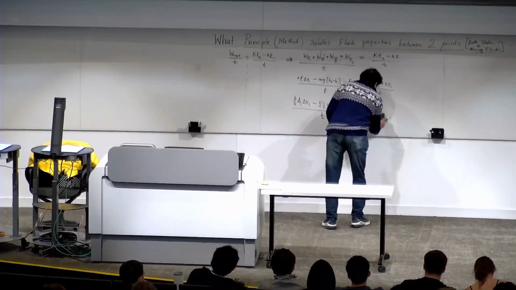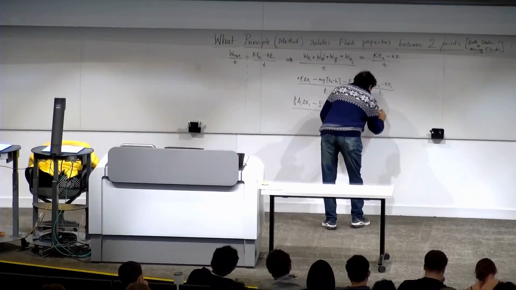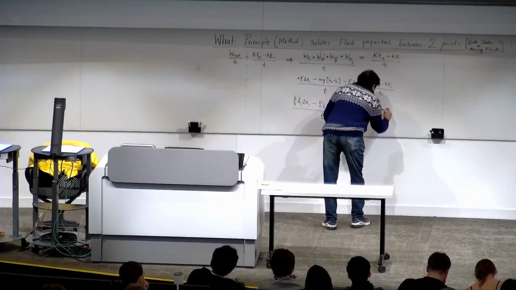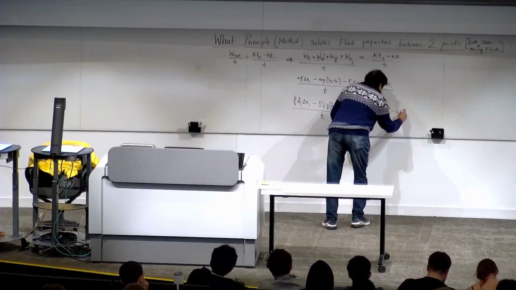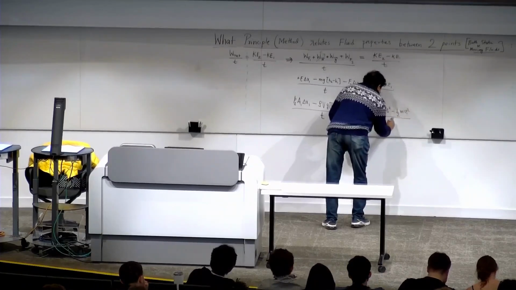Actually, perhaps it is better to write this as half m V2 square minus half m V1 square over time.